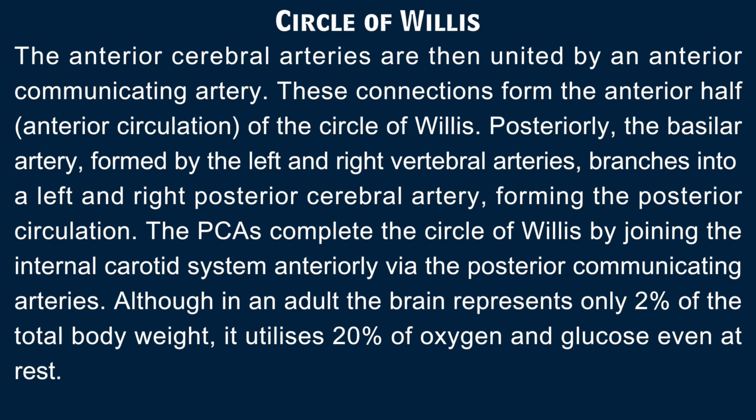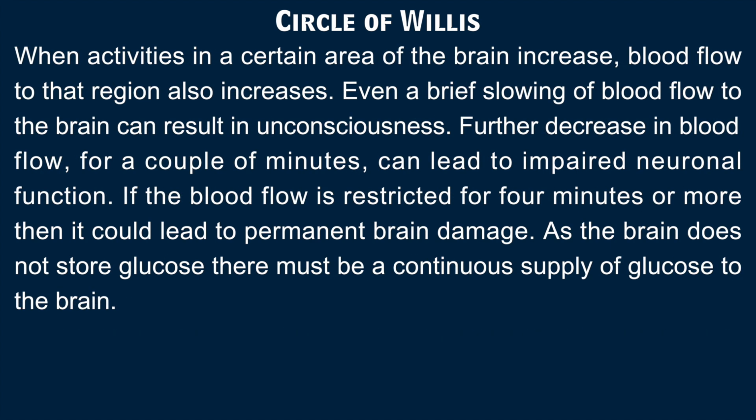Although in an adult the brain represents only 2% of the total body weight, it utilizes 20% of oxygen and glucose even at rest. When activities in a certain area of the brain increases, blood flow to that region also increases. Even a brief slowing of blood flow to the brain can result in unconsciousness.